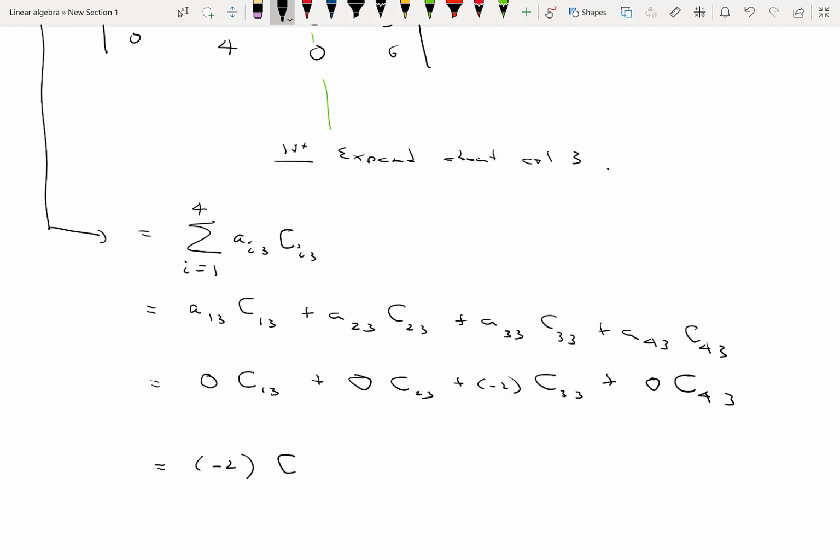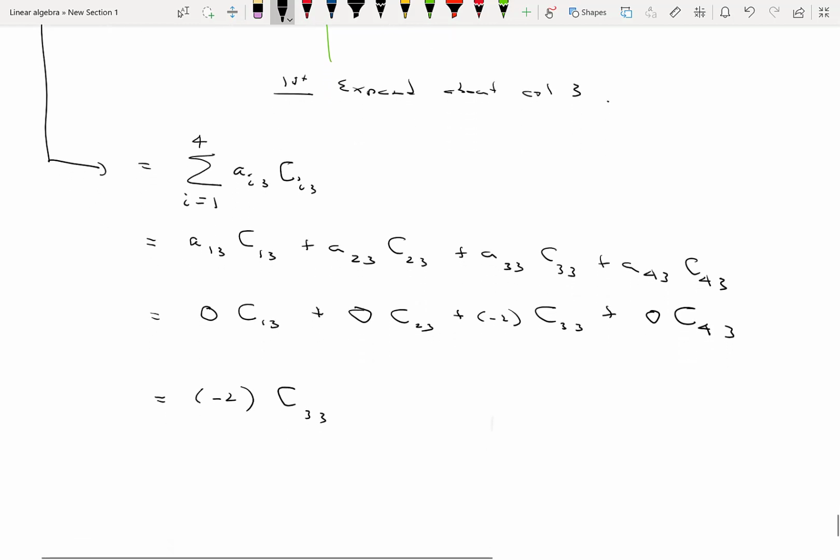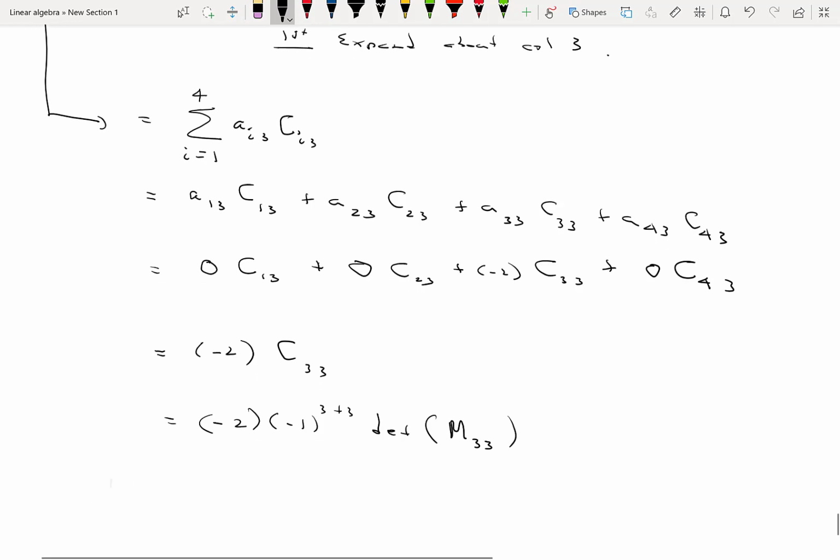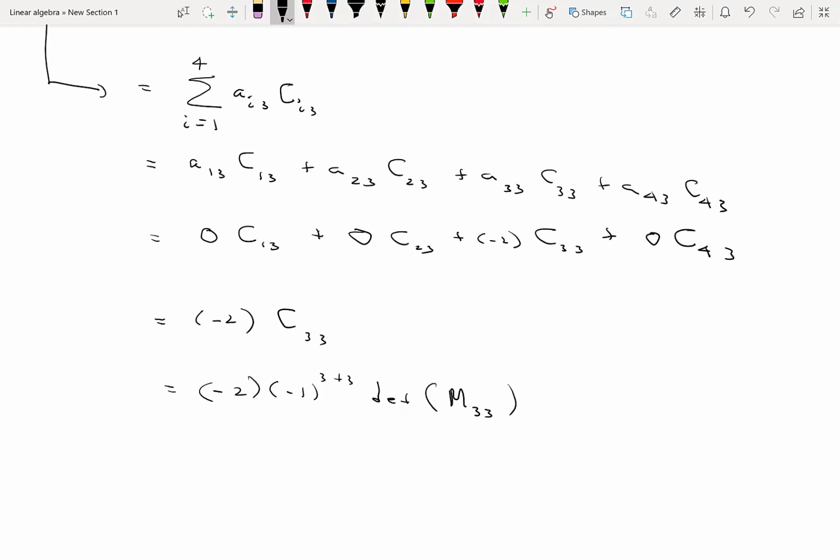So this now simply becomes negative 2 times C33, or negative 2 times negative 1 to the 3 plus 3 times the determinant of the 3 minor of this matrix. So let's write this out.